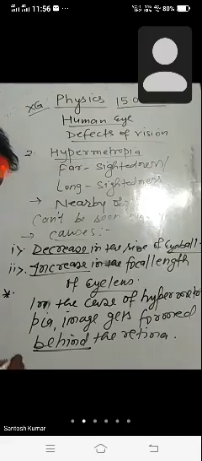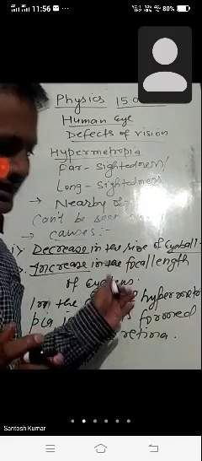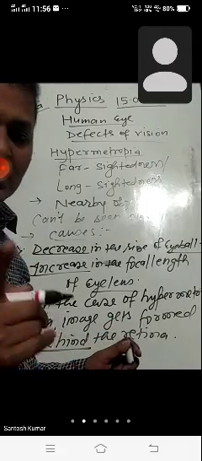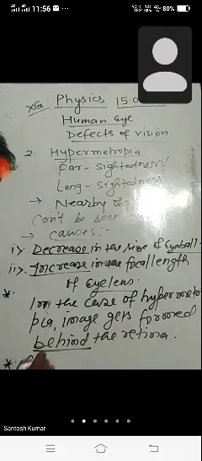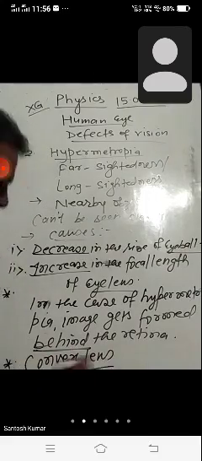Now, what do you need? Which type of lens will be used for its correction? In that case, we had seen the nature of the lens was concave. So this time, convex lens. Just see, convex lens, underline.